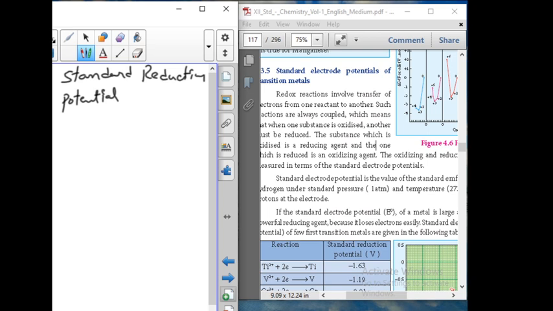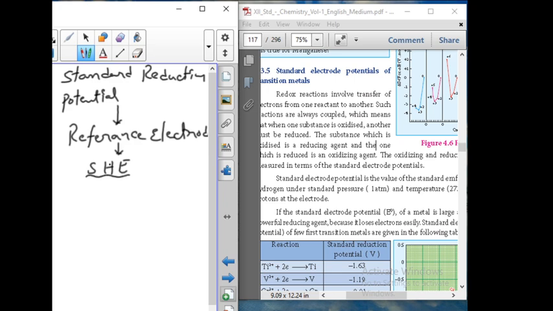The standard reduction potentials can also be explained. The name itself says standard values. Standard value means that the values already exist. Standard electrode potentials can be calculated by using a reference electrode, that is the SHE.